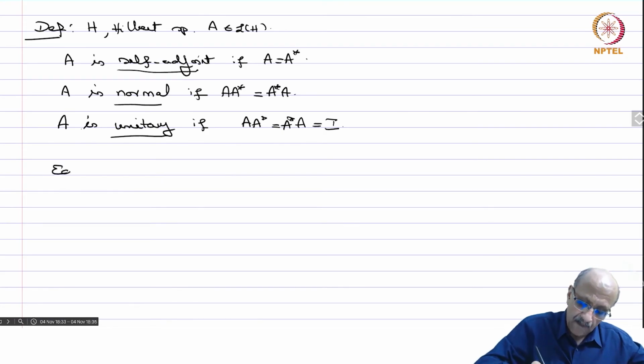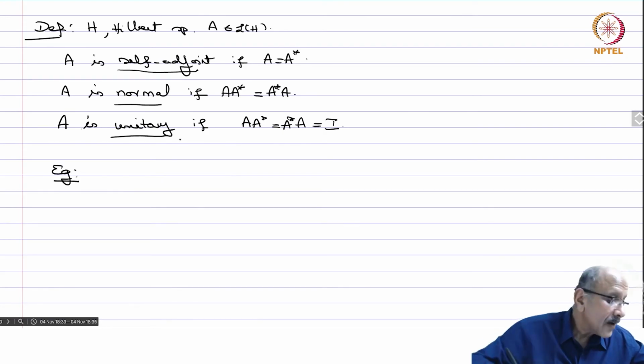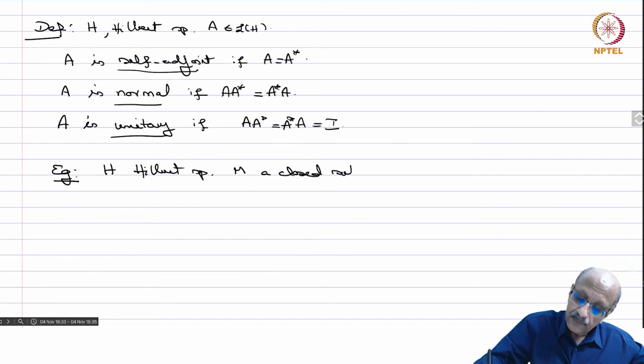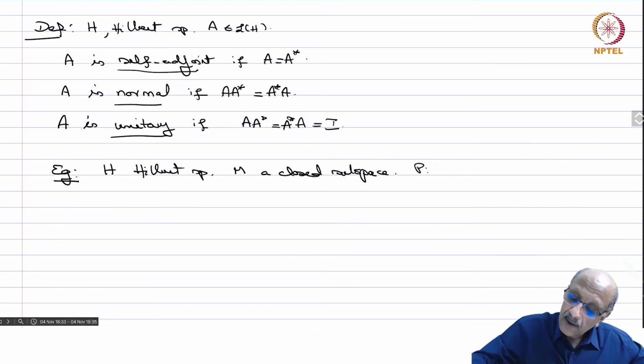Now example. H Hilbert and M a closed subspace, and P from H to M is the orthogonal projection.